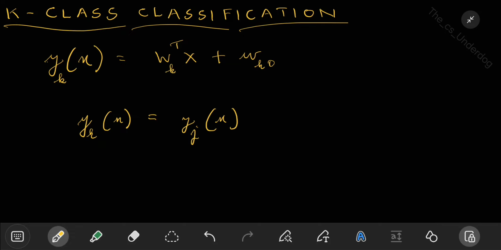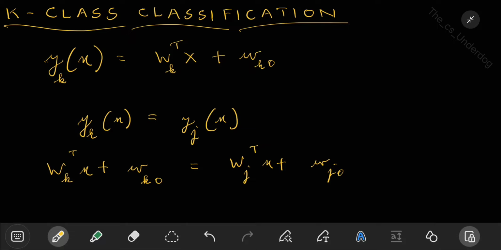What is yk of x? Wk transpose x plus wk0. This should be equal to wj transpose x plus wj0. This should be satisfied in order to have a decision boundary.